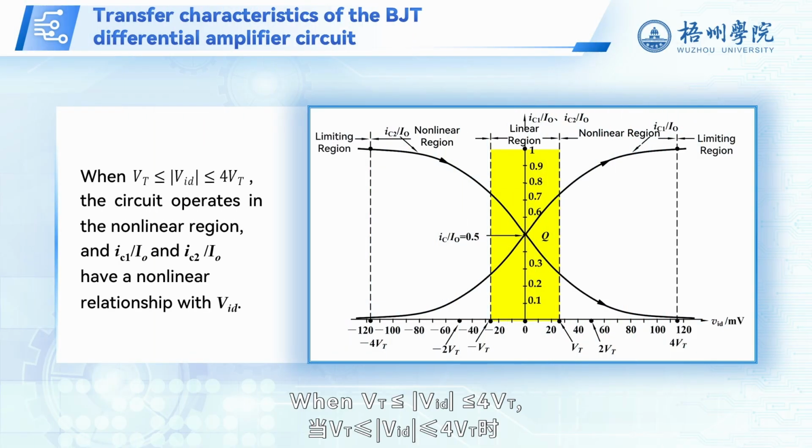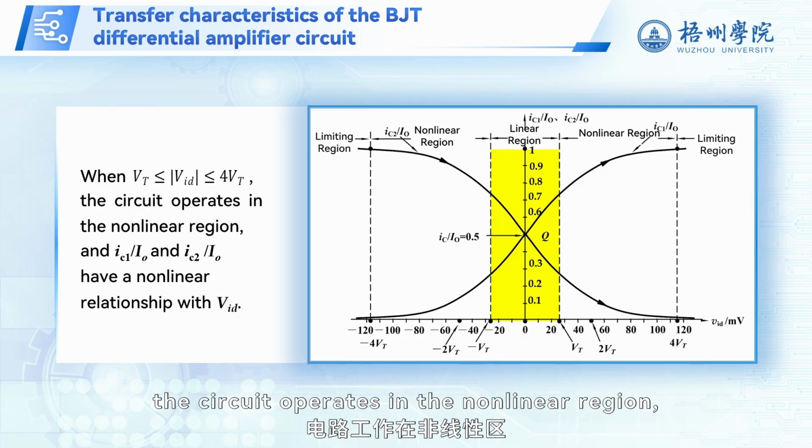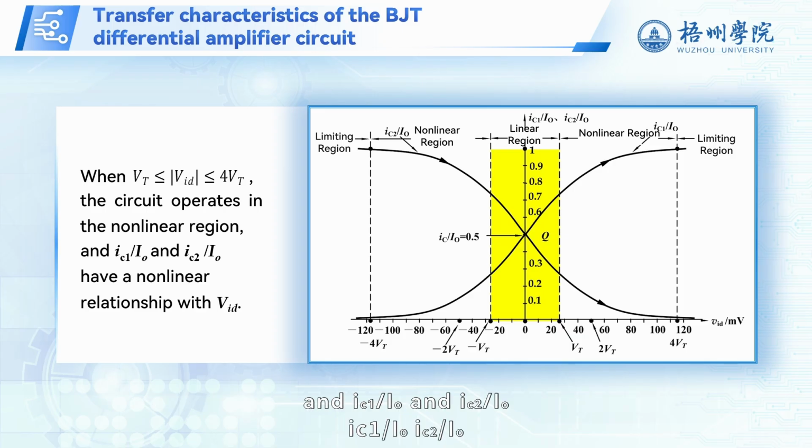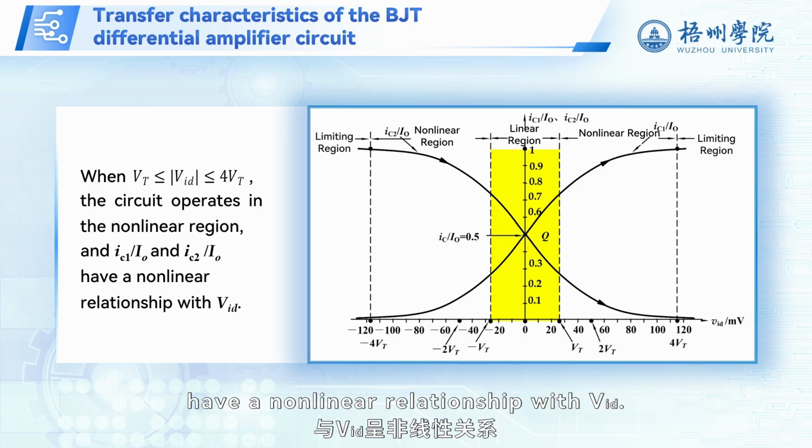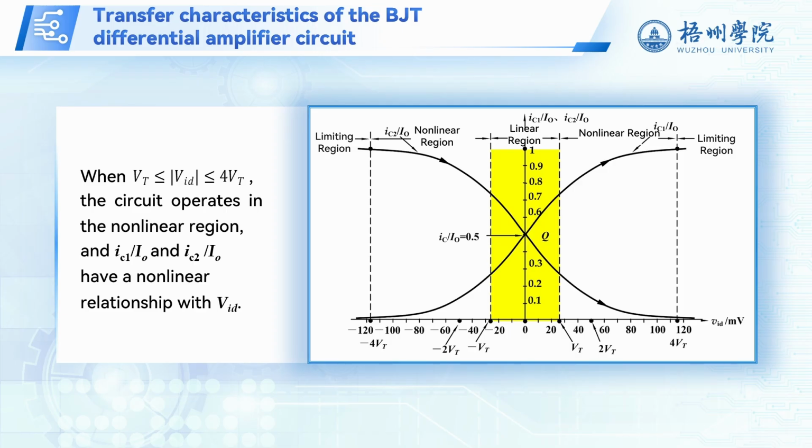When V_T is less than or equal to the absolute value of V_ID, and the absolute value of V_ID is less than or equal to 4V_T, the circuit operates in the nonlinear region, and I_C1 over I_O and I_C2 over I_O have a nonlinear relationship with V_ID.